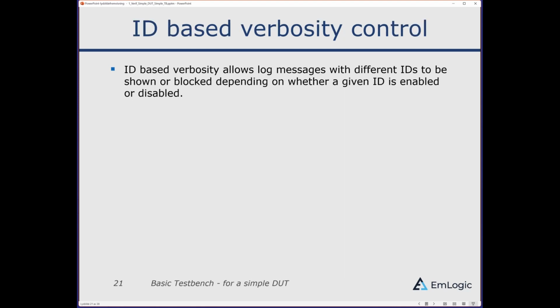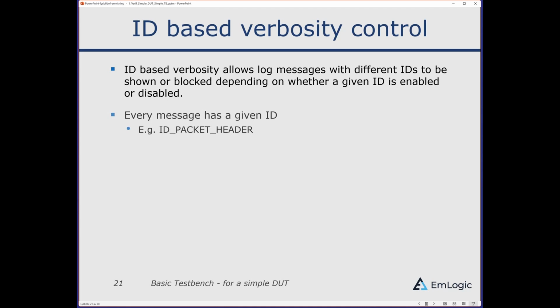Now, the question in my mind here is, how can these messages be given a fixed priority? Because what do we need here when we verify a device under test?